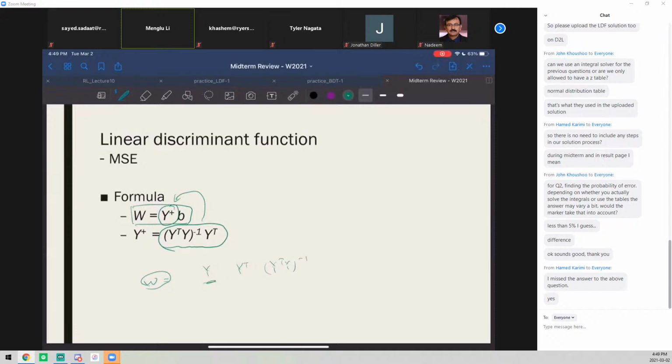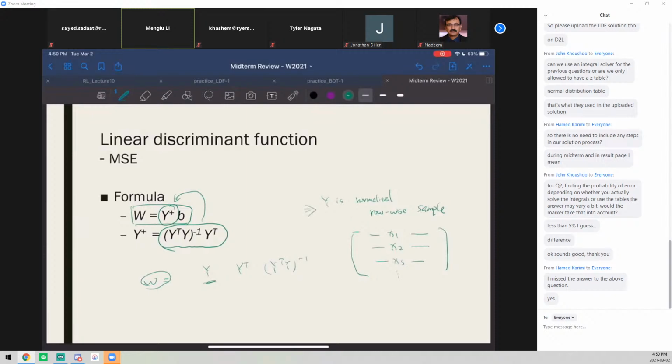And one thing is, y is the normalized row-wise sample. It means each row, that's class 1. Oh, sorry. X1, X2, X3. So each row represents one sample data.